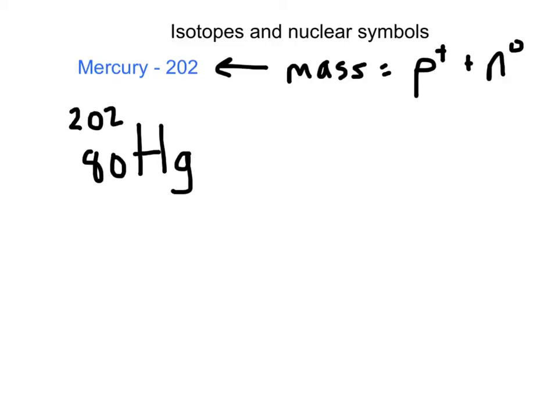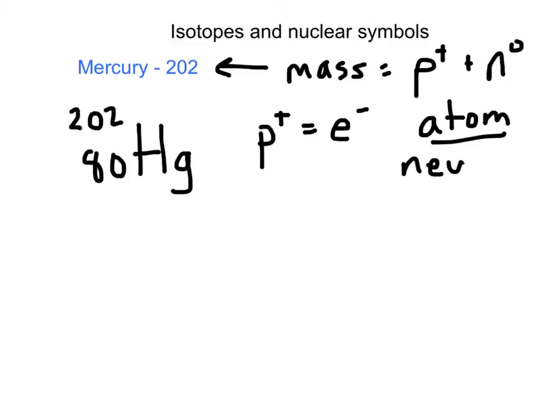Now, the number of protons is going to be equal to the number of electrons in an atom. So whenever you see atom, that means neutral. So if it's neutral, you have the same number of protons as electrons. And the number of protons is equal to the atomic number.